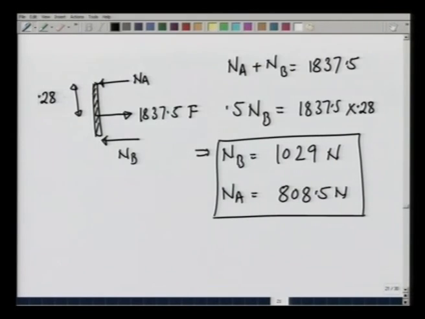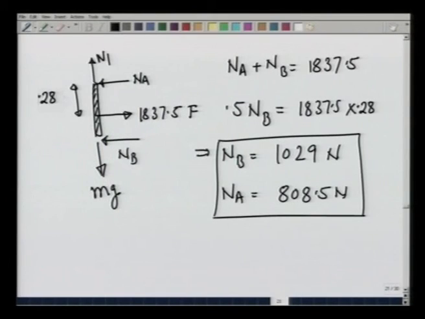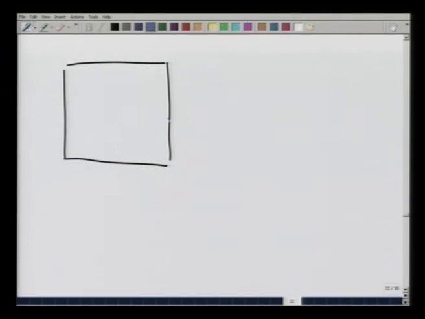If the door also had some weight, there would have been a reaction at A which would have nullified that weight mg. So, you see how we have calculated the forces due to water pressure on the door and consequent reactions on the hinge holding the door and on the wedge which is not letting the door come out. I will leave a related problem for you, and that is in the same situation if this tank is filled only up to 0.25 meters.